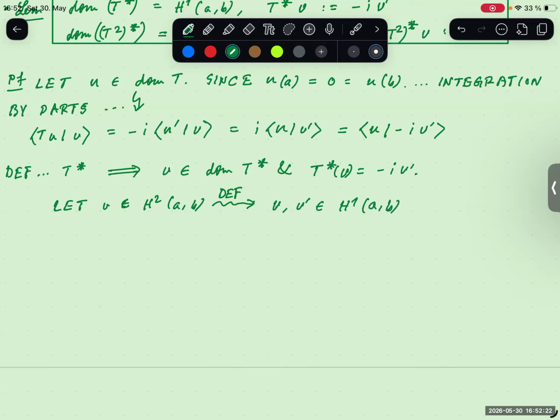Because that's how these spaces were defined. Once something is in H1, we can apply the result we have derived here.